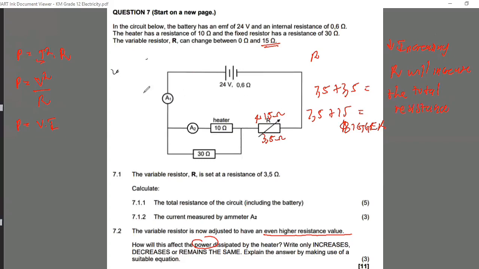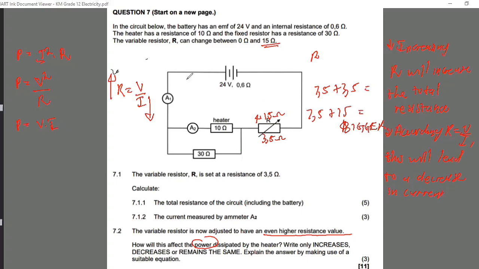But we know, according to this formula, R is equal to V over I, we know that an increase in resistance actually leads to a decrease in current, right? So we can say now, but according to R is equal to V over I, this will lead to a decrease in current, right?